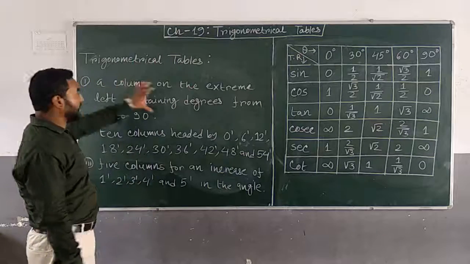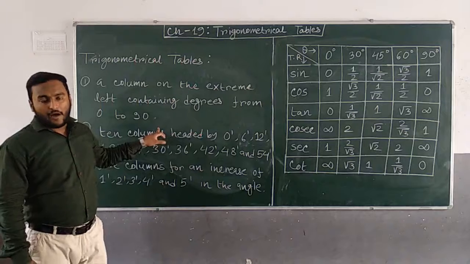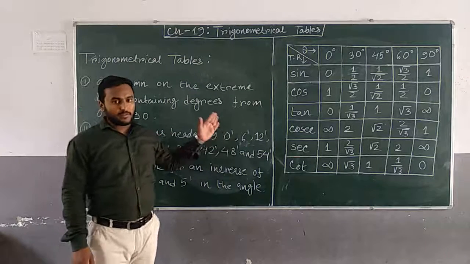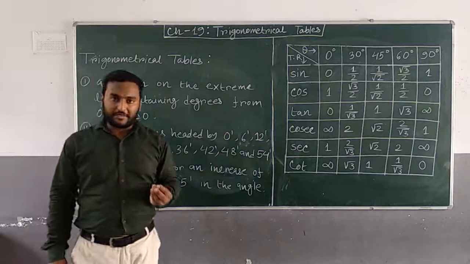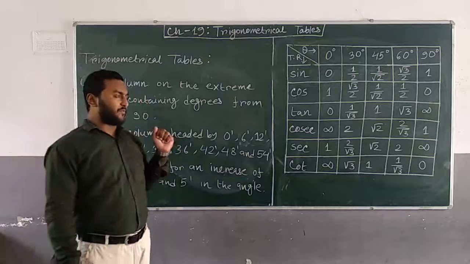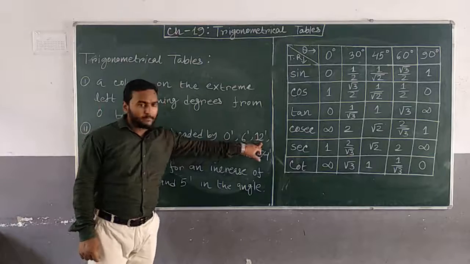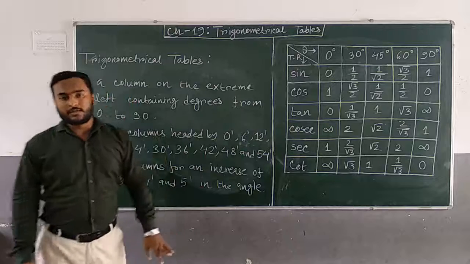So first of all, degrees at the leftmost, 0 to 90 degree, and after that 10 columns headed by 0 minute, 6 minutes, 12 minutes, 18 minutes, 24 minutes, 30 minutes, 36 minutes, 42 minutes, 48 minutes and 54 minutes. Here you can see that all these numbers are multiples of 6.